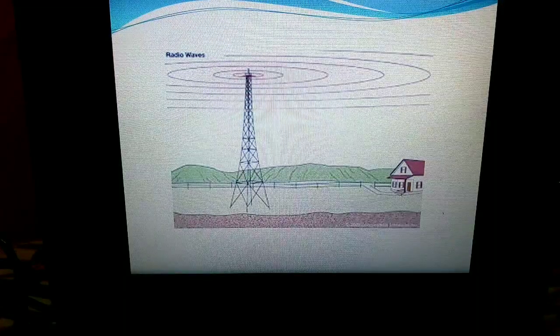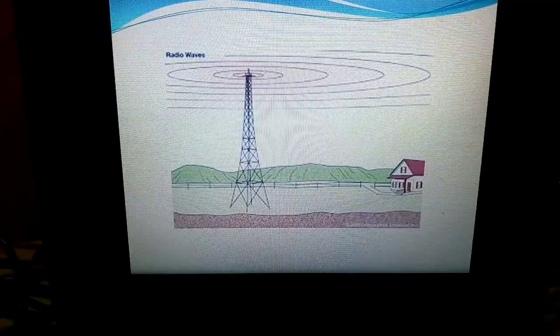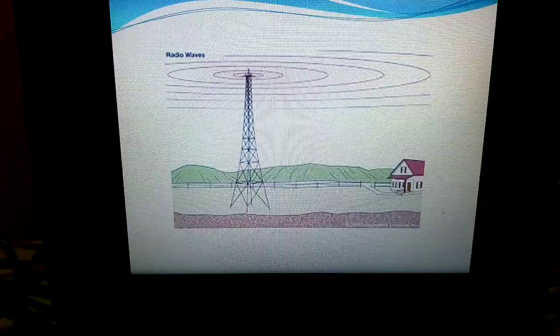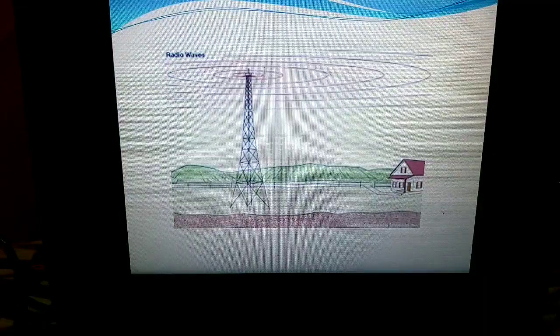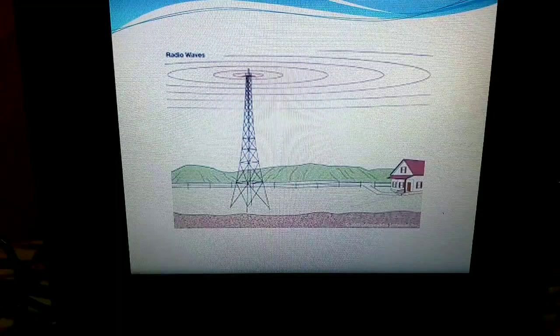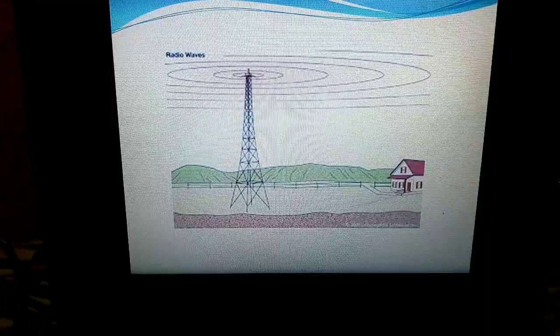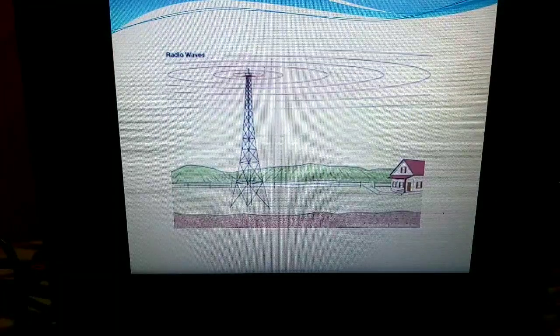Transmission making use of radio frequency is termed radio wave transmission. The frequency of radio waves is about 3 kilohertz to 300 gigahertz. If we are using this range of frequency, then we can say that is radio wave transmission.